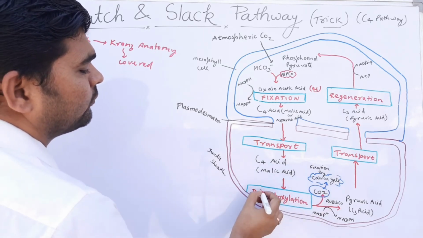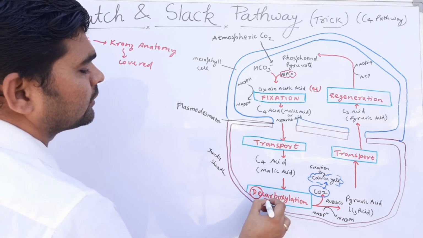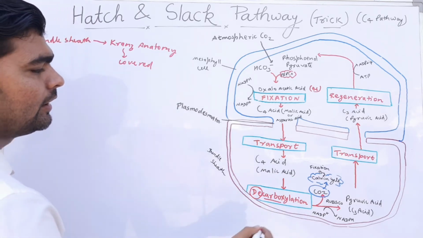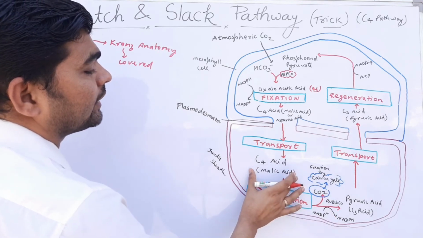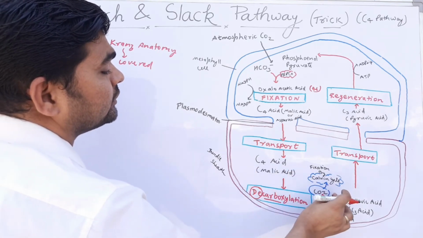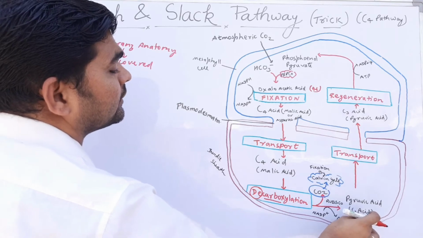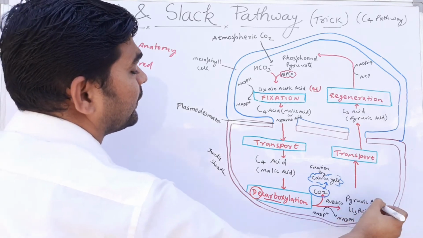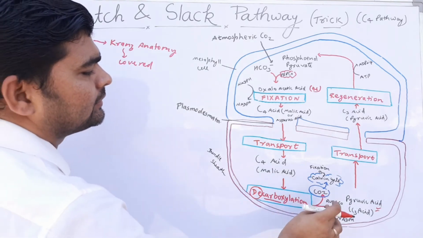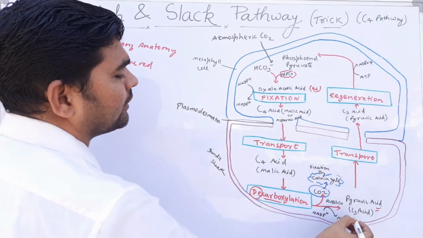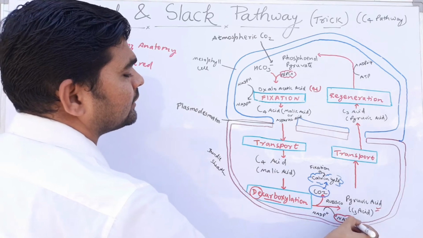D means removal of, carboxylation means carbon dioxide. Here the CO2 is removed from the 4-carbon compound malic acid. 1 carbon is removed as CO2 and 3 are left behind, which leads to the formation of pyruvic acid, a 3-carbon compound, in the presence of the enzyme RuBisCO, where the production of NADPH2 takes place.